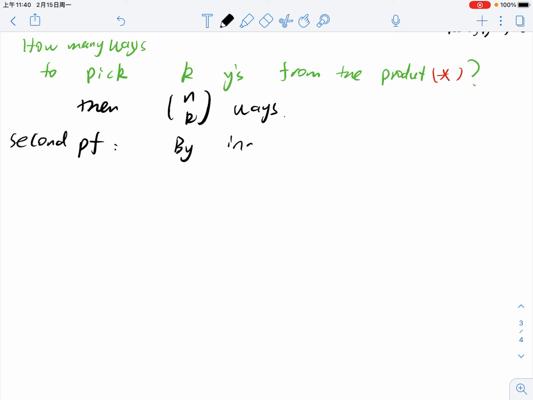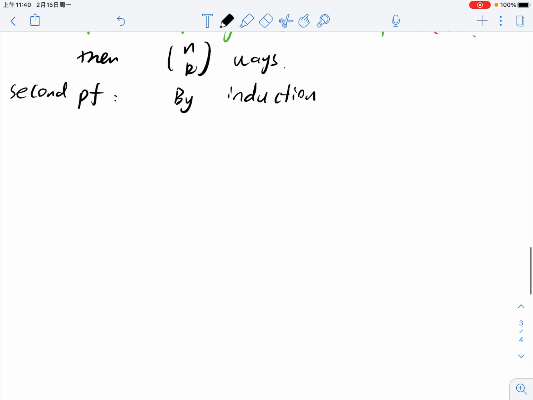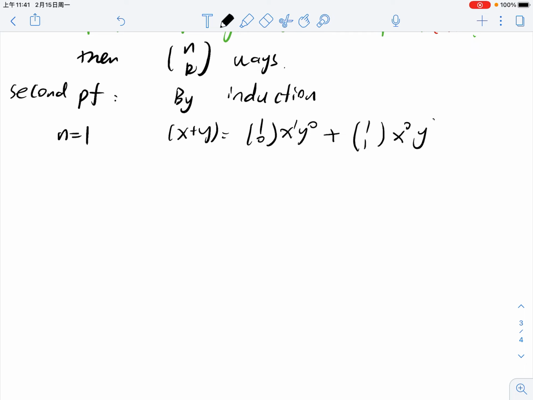So for example, as soon as we know the formula, we can prove it by induction. When n is 1, this is trivially true. And suppose it is true when n equals m.